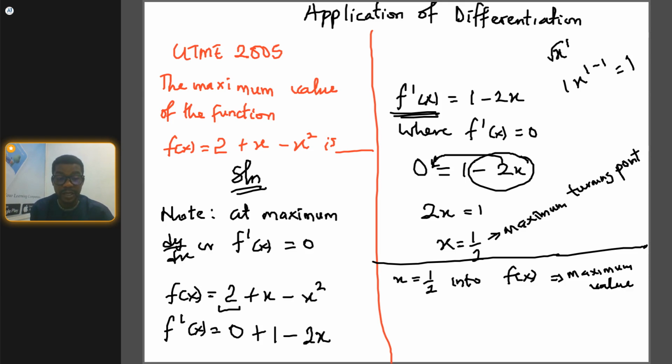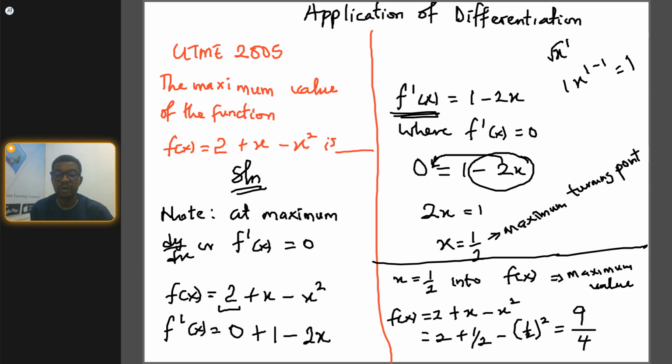f of x is given as 2 plus x minus x squared, which is going to be 2 plus 1 over 2 minus 1 over 2 all squared. And this will be simplified, and we are going to have 9 over 4.